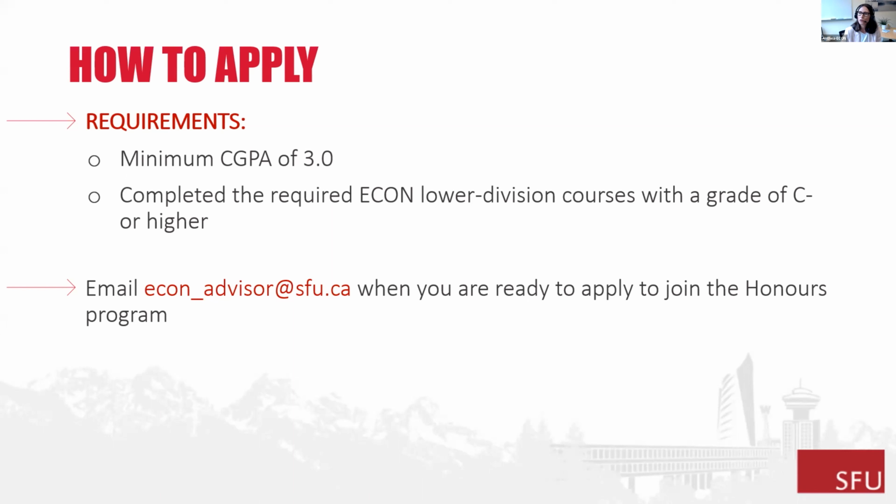For the honors program, the requirement is a little bit higher. You need a minimum GPA of 3.0 to declare your honors program, and even just to take those specific honors classes. So even if you're just interested, say, I want to take 402, you would not be able to enroll in that class unless you had a GPA of 3.0. And when I say CGPA, I mean all the courses taken at SFU, not just econ classes.